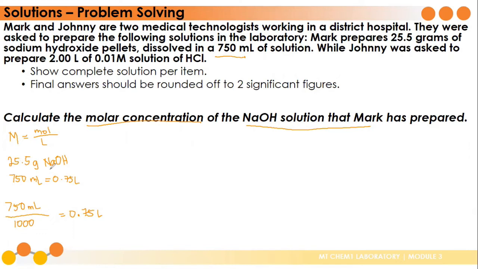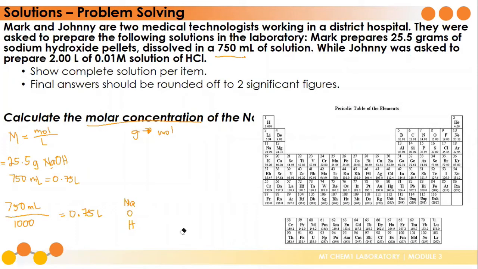Now let's proceed with converting these grams to moles. And in converting grams to moles, we have to look for our molar mass. In looking for the molar mass, we have to look for the atomic weight or atomic mass of each element in our compound. So we have here Na, O, and H. Let's take a look at our periodic table.